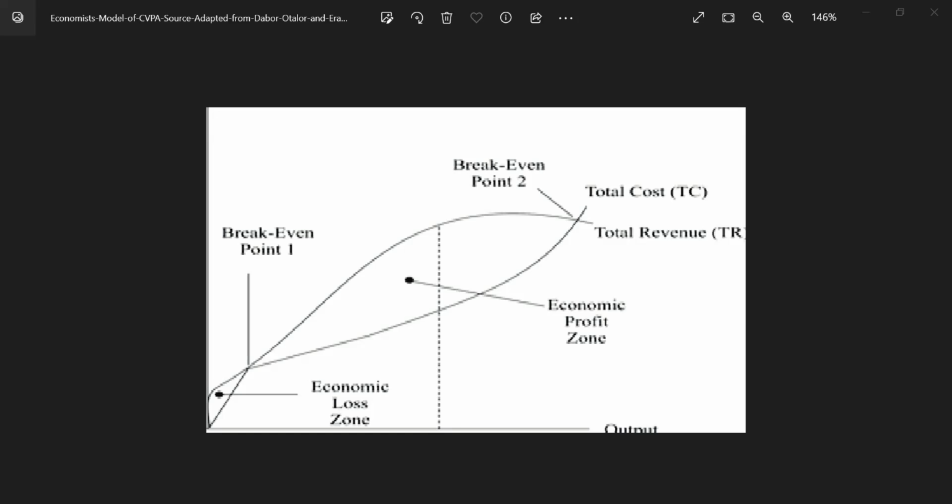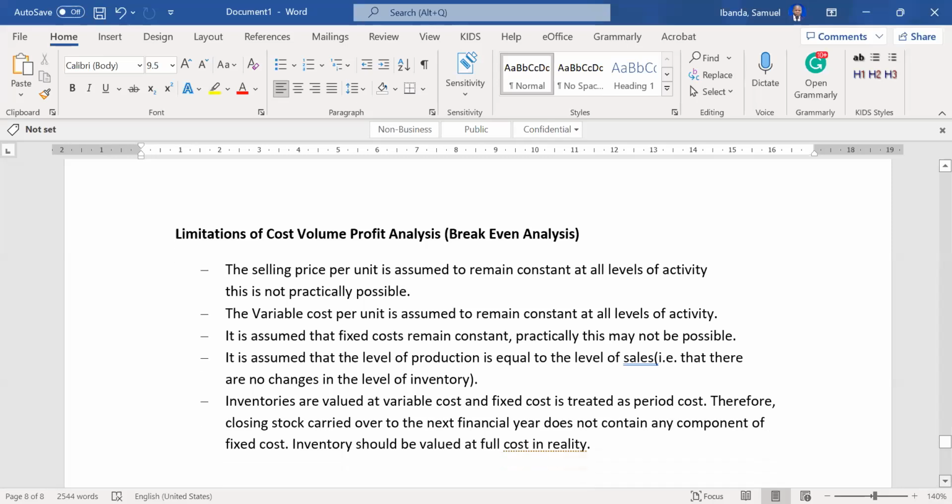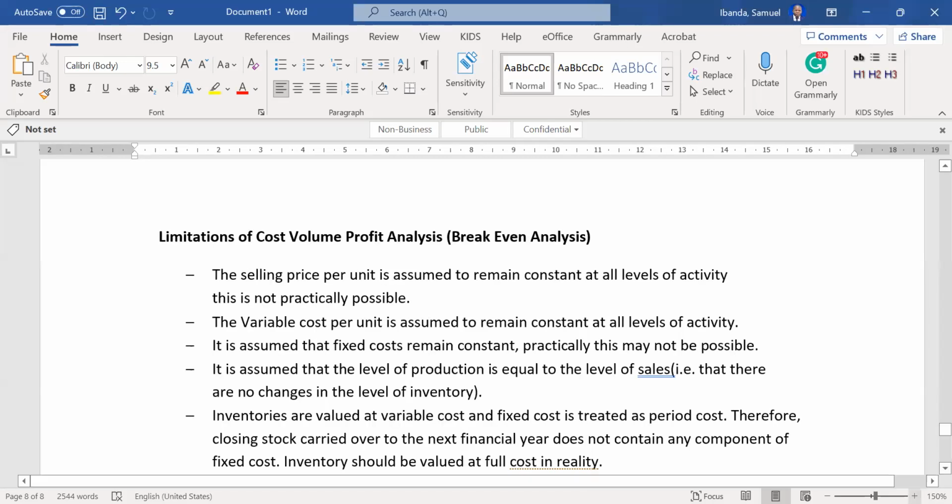Now, when you're looking at your assumptions, it's also very good that we look at them vis-a-vis what you may call the limitations, because the examiner may not ask you for assumptions, but they may ask you for limitations. So we're saying this selling price is assumed to be constant, okay?